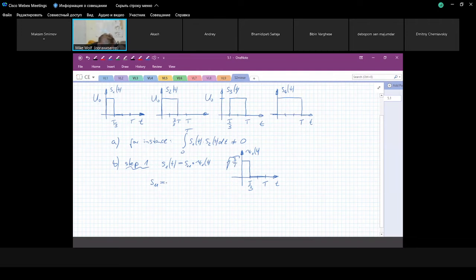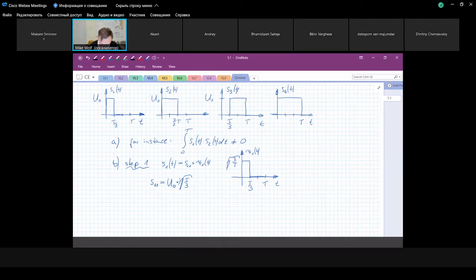And since the amplitude of S1 of t is U naught, we simply have to say then S11 times psi1 of t needs to be a single pulse with amplitude U naught. So I need to multiply here with the reciprocal value of this value, because this times this gives just U naught. And now we found the first basis function.